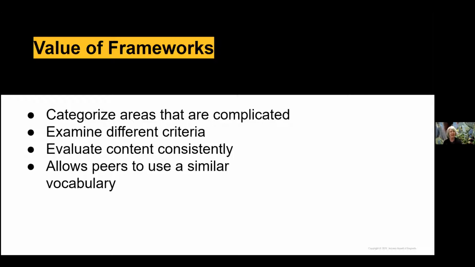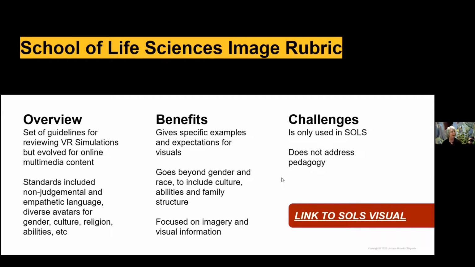So the idea is that one day I might have a different mindset and see an image differently, but the next day I don't see it the same way. At least with a framework, I have some consistent ways to look at things. And then in our case with life sciences, we wanted our faculty to have a similar vocabulary and a similar way to talk about images and what they use. So frameworks add value in those ways.